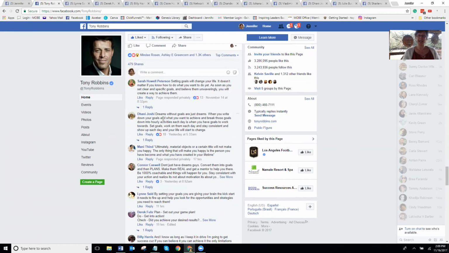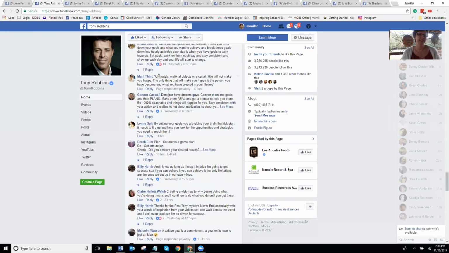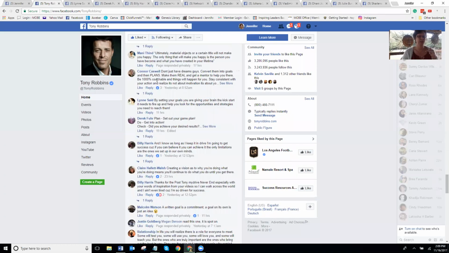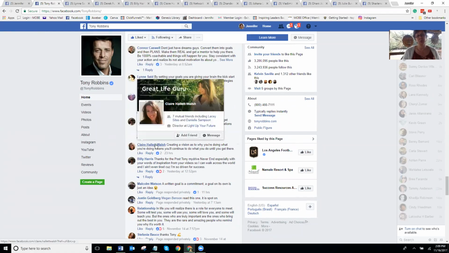Then what I also do is look for the perfect customer. I already have my avatar in mind. So I'm going to look at these different individuals because you can actually see how they're relating to the article itself, and see if they are the type of person that you want to come join you in your business.